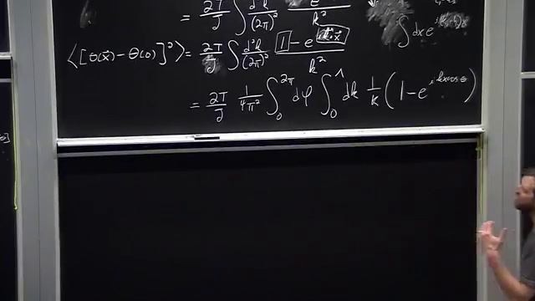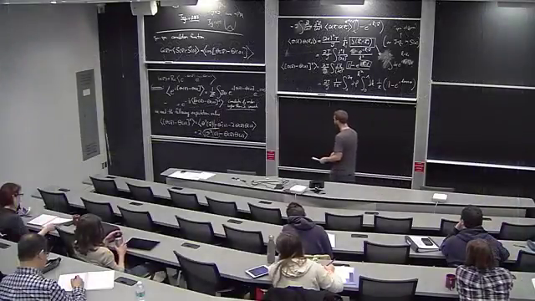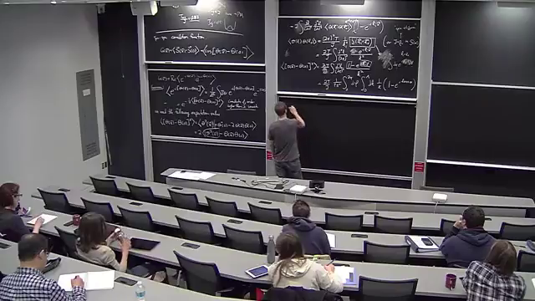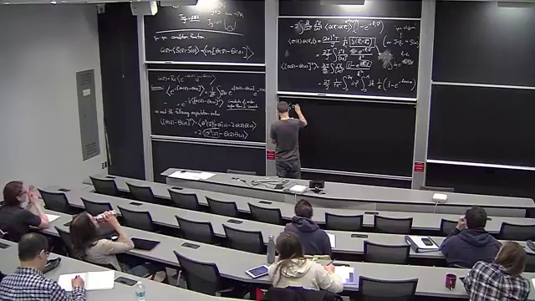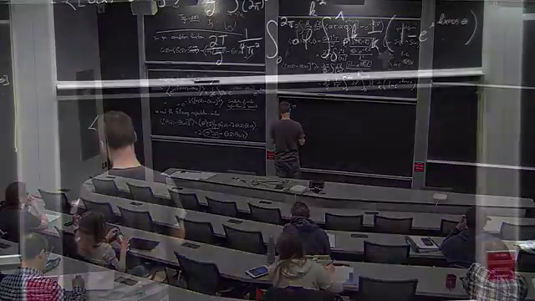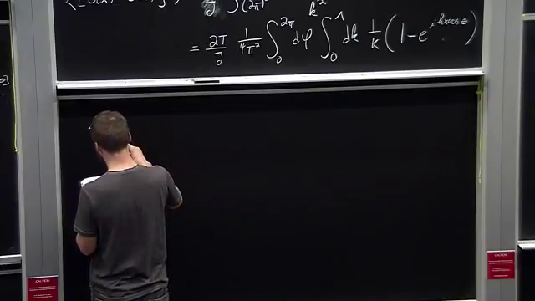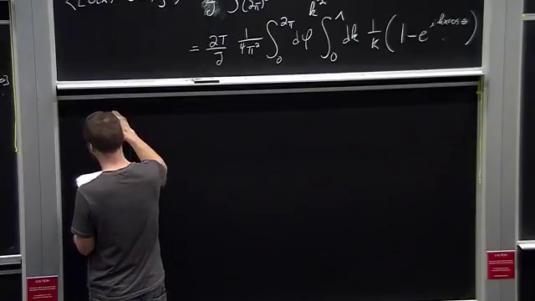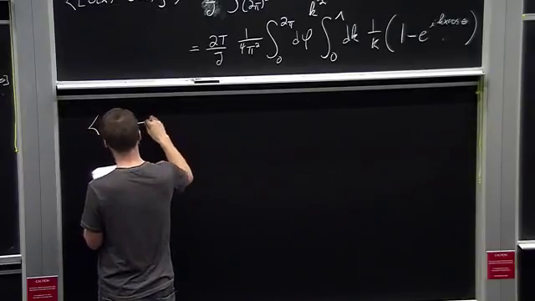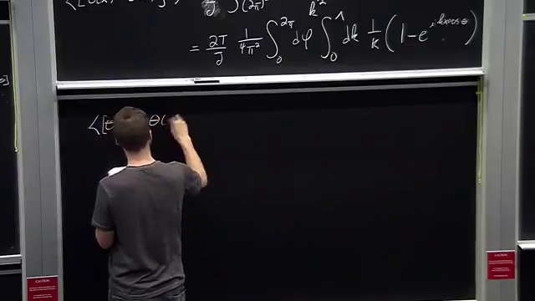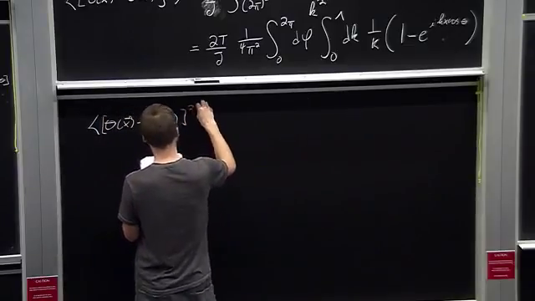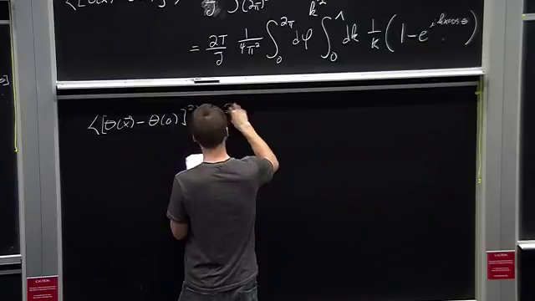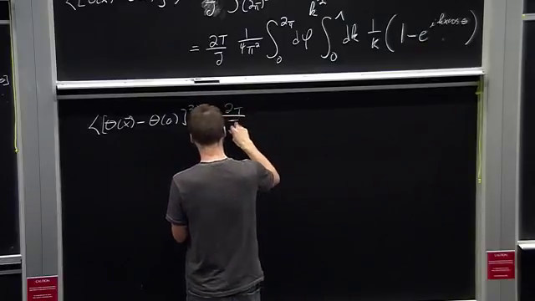What I want is a final expression in k space that looks like this. So 2 over t, 2t over j.